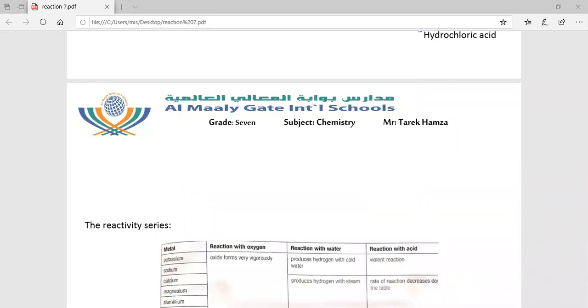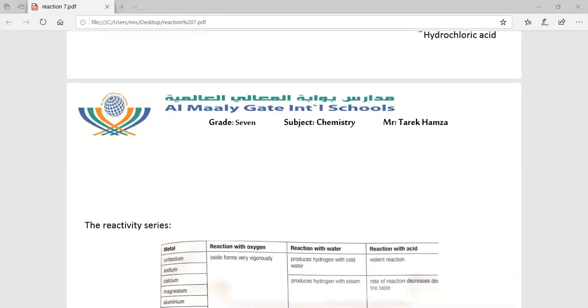The last point, series of reactivity. This figure shows the reactivity series. The metals are arranged in order of their activity, starting with the most reactive. So the most reactive here is potassium.